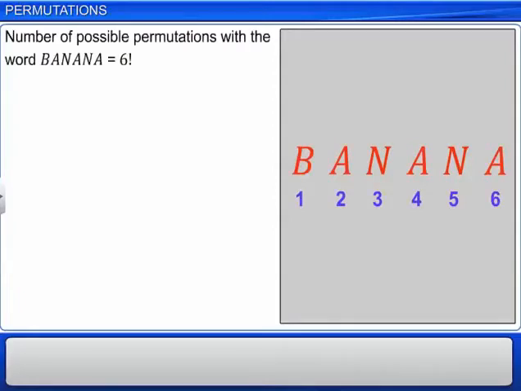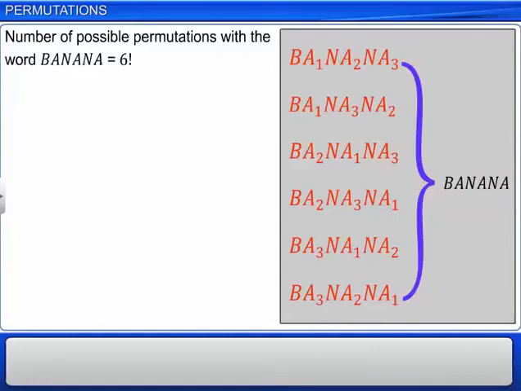The number of permutations possible with the word banana is 6 factorial. Since the letter A repeats thrice, 3 factorial permutations resemble each other. One such set of permutations is shown here.